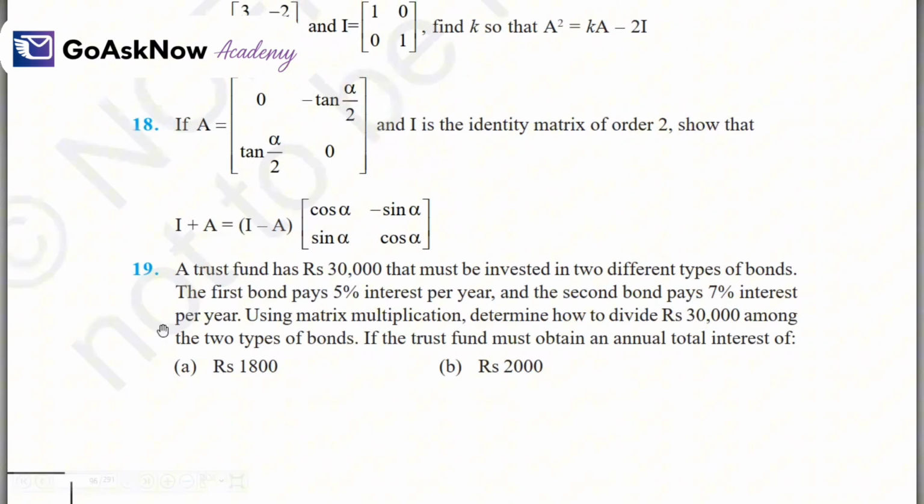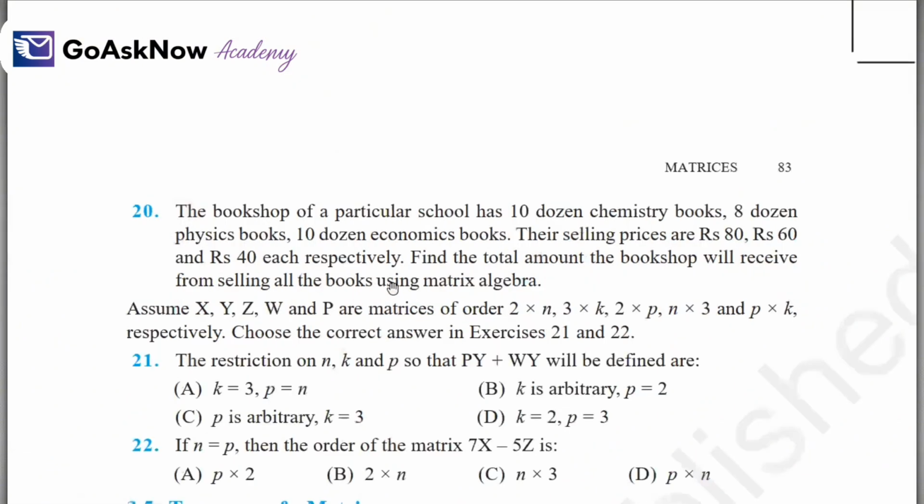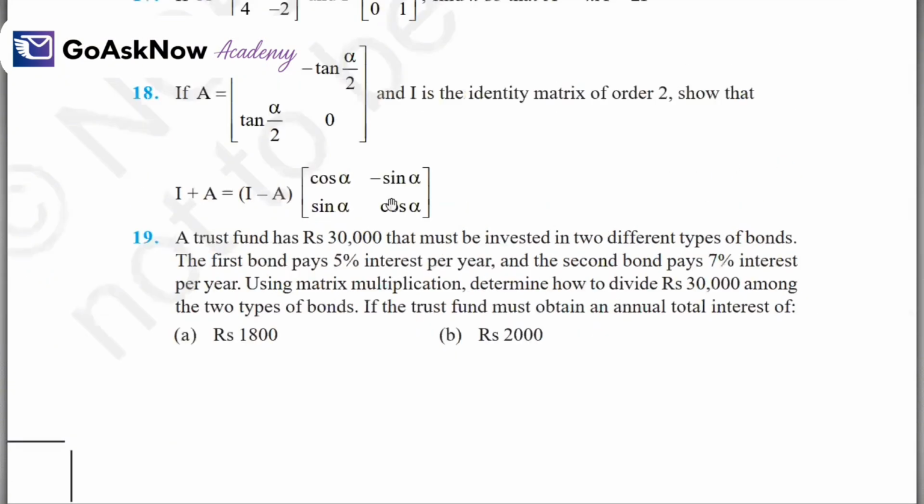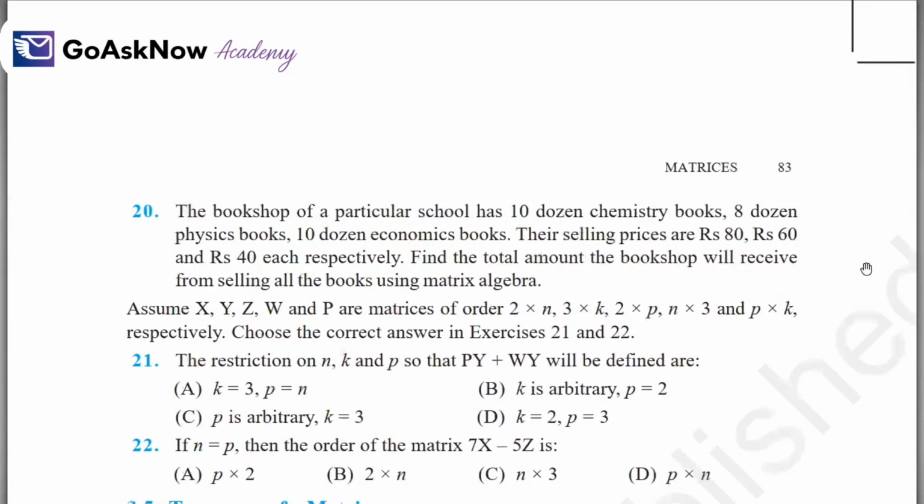We have done a similar question in the exercise, in the example part, so you can see that lecture and we will not waste our time here. This 20th question is similar to the 19th one, so you can find out the answer of this also.